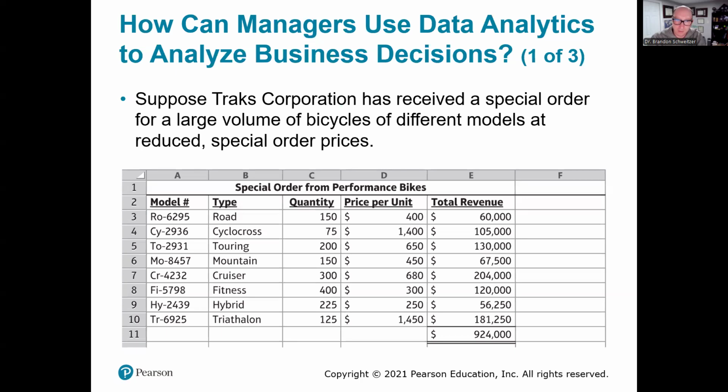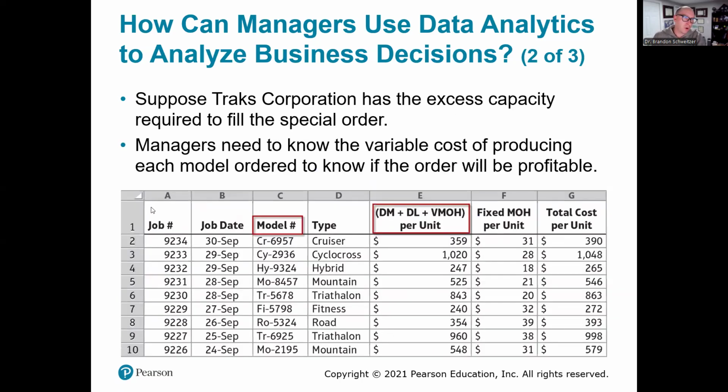These look like mountain bikes. Quantity times price per unit gives us total revenue. We can look at the additional information: direct materials, direct labor plus variable manufacturing overhead per unit, and our fixed manufacturing overhead cost per unit. We add those two and get total cost per unit. We do that for each type of unit we produce.